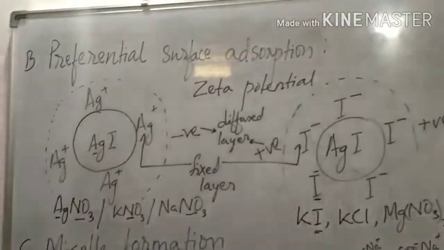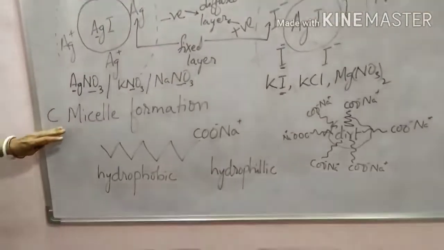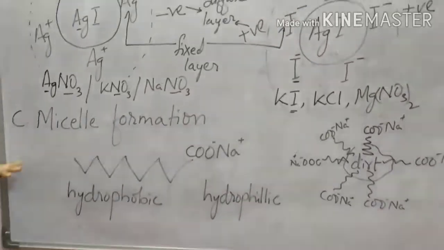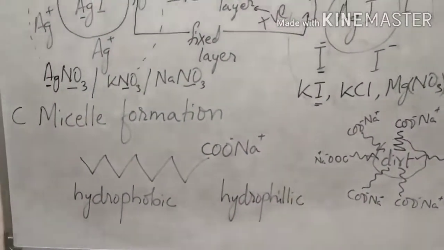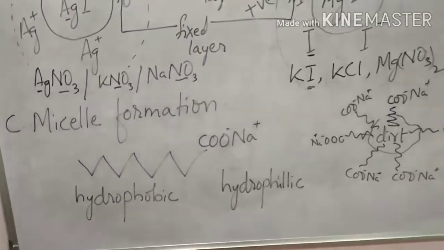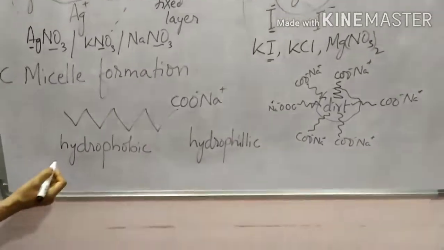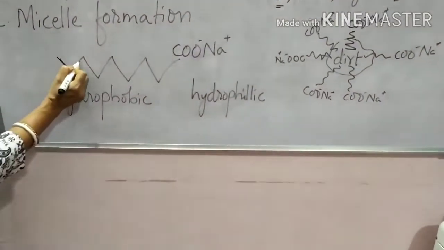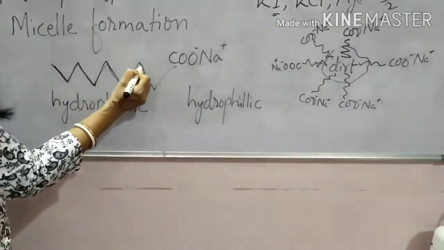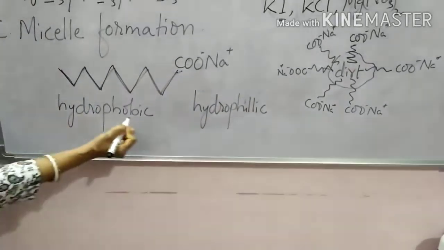Now let us go to the next method of detection, micelle formation. Micelle formation can be explained by soap micelle formation. Soap has two parts: a long fatty acid chain part, which we call the hydrophobic part.